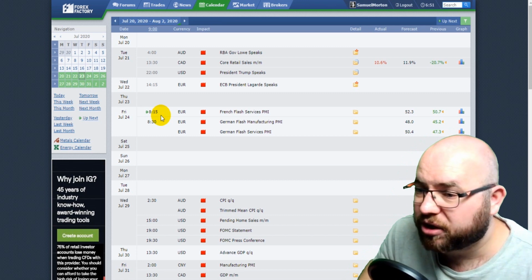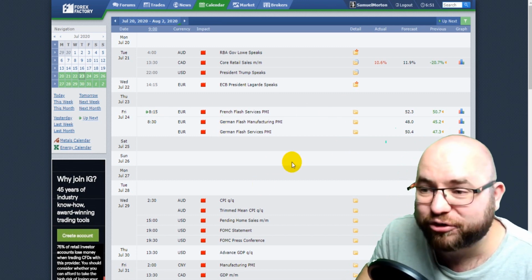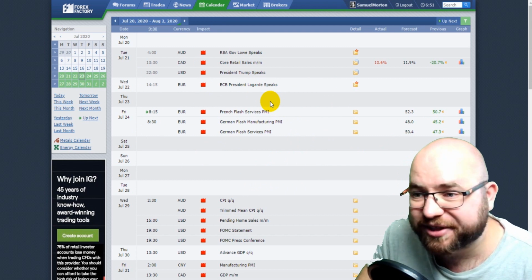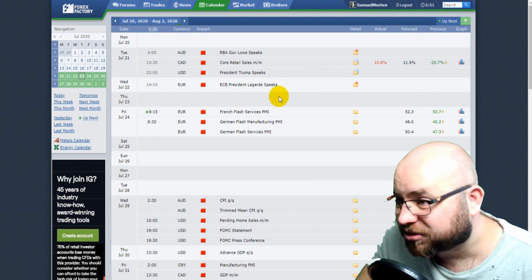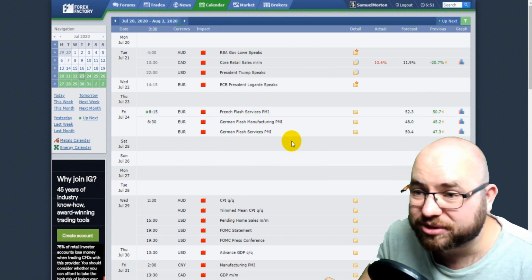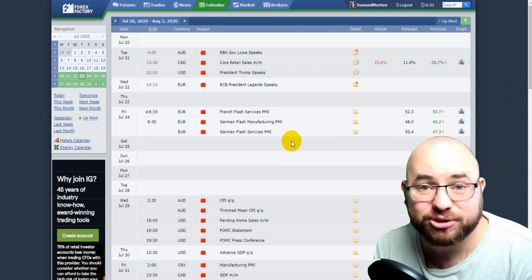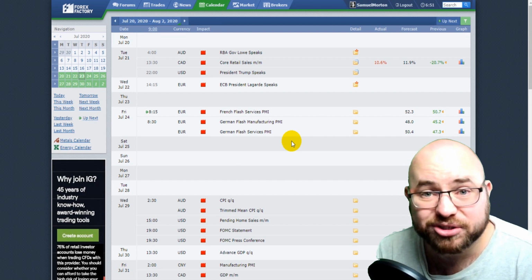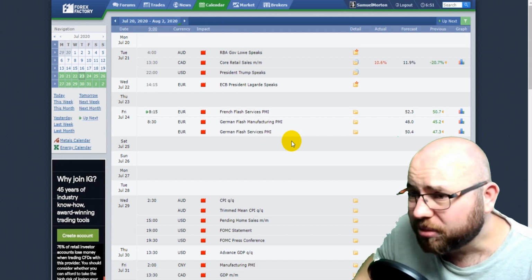So that's the first tool I use on a daily basis. I check this every single day, usually twice a day, once in the morning, once in the afternoon. It's also just interesting to see. If you don't use an economic calendar, then I suggest you use one just out of interest, just to see how the markets react to news events.